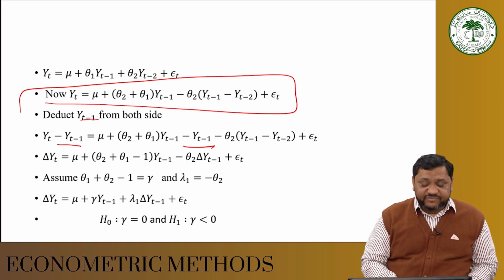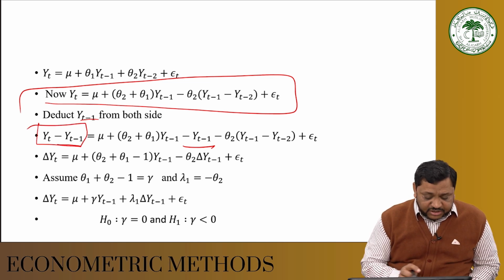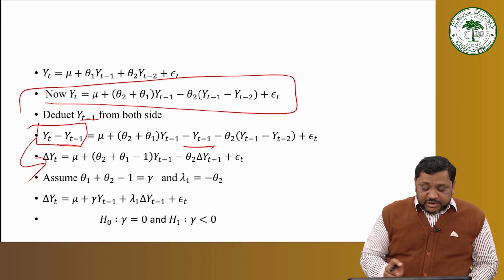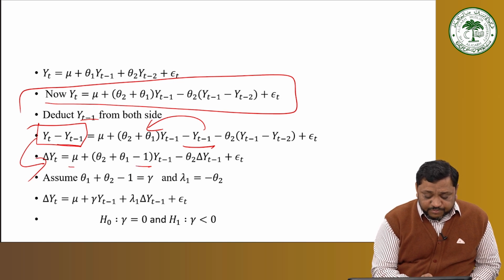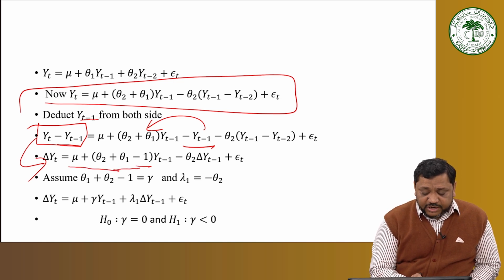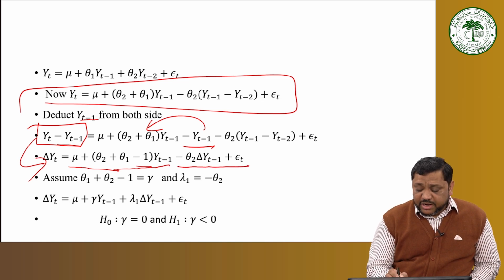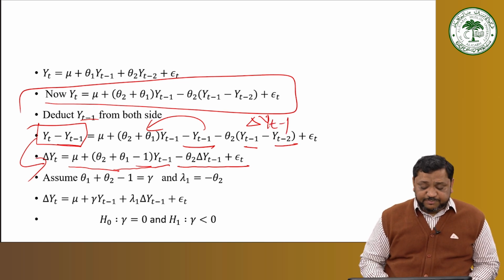Once we have done that, the left side becomes delta yt. Now we incorporate this yt minus 1 over here, so we get an additional minus 1. It becomes mu plus, in brackets, theta 2 plus theta 1 minus 1 times yt minus 1, minus theta 2 times yt minus 1 minus yt minus 2, which we can write as delta yt minus 1, plus epsilon t.